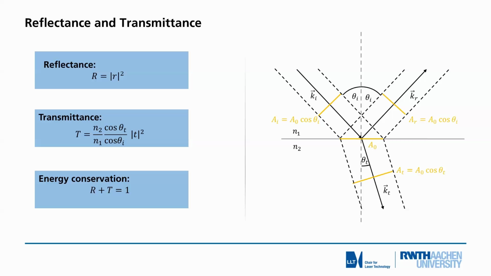Now, if you look at the graph, here's one more thing. If you look at a certain part of the beam which has a certain cross-section, then the reflected beam will look exactly the same.